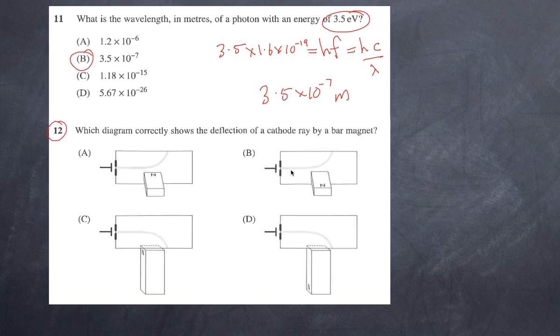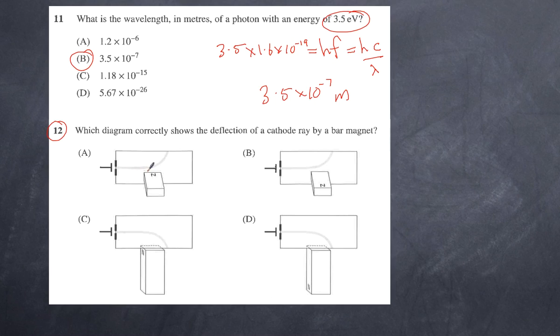Question 12. Which diagram correctly shows the deflection of a cathode ray by a bar magnet? Well, the important thing here is that there are right angles between three variables: the magnetic field lines, the direction of the force on the charged particles, and the direction of the velocity of the electrons.